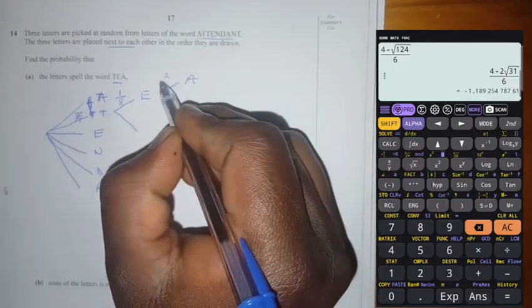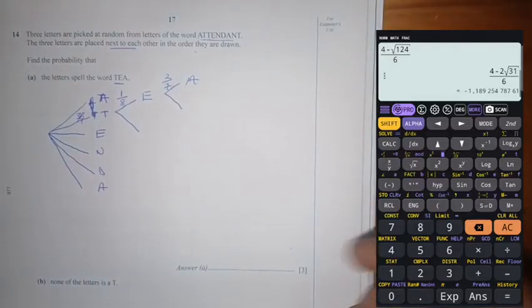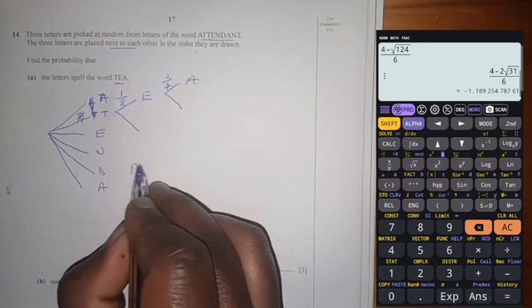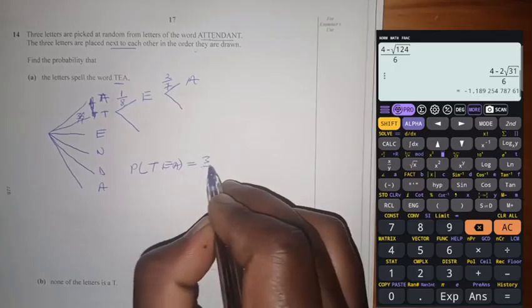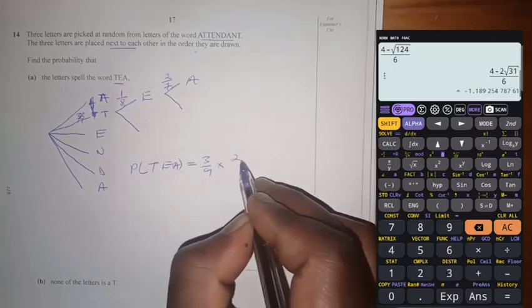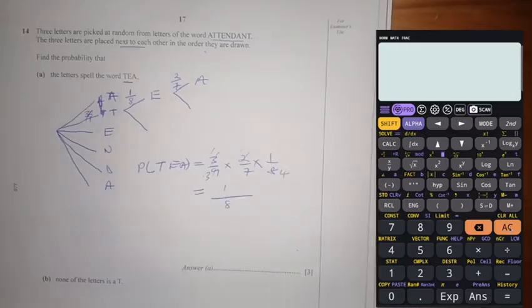Now we have lost 2 letters here, which means from 9 we are left with 7. So the probability of getting the letters T, E, A is going to be 3 over 9, multiplied by 2 over 7, multiplied by 1 over 8. Let me punch it as it is: 3 over 9 times 2 over 7 times 1 over 8.